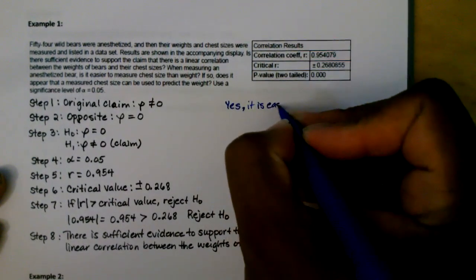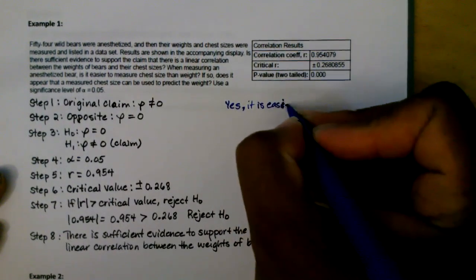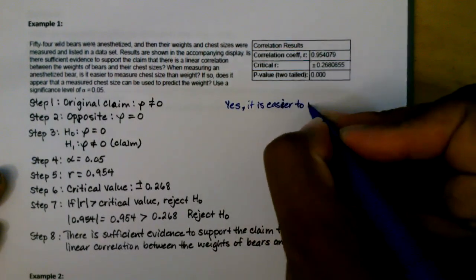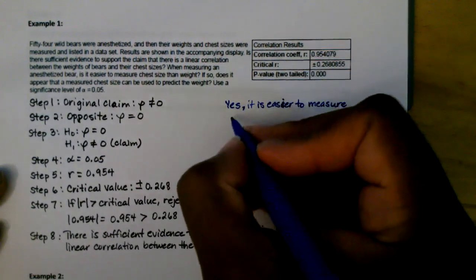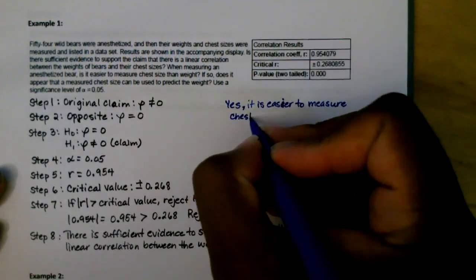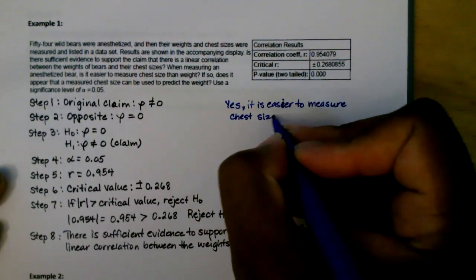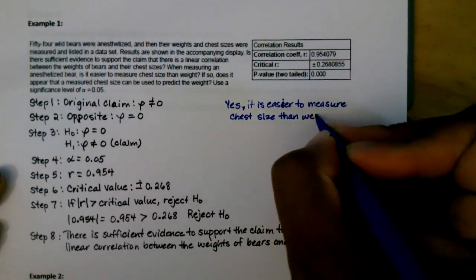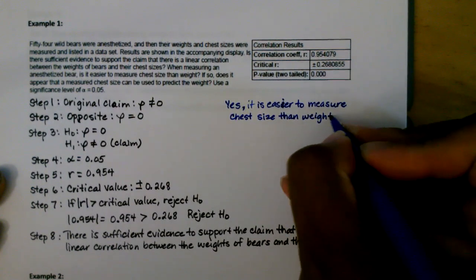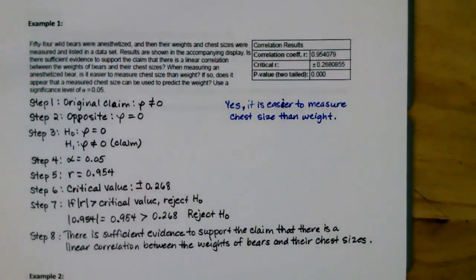You have to lift the bear up onto the scale to even weigh it, so that takes time. Just measuring the chest size would be easier.